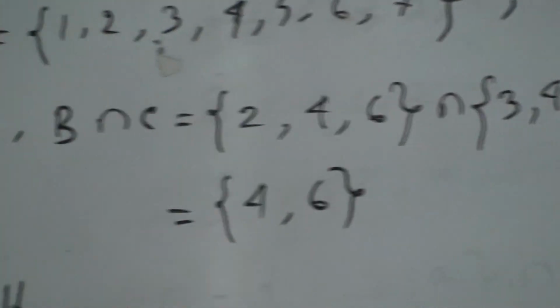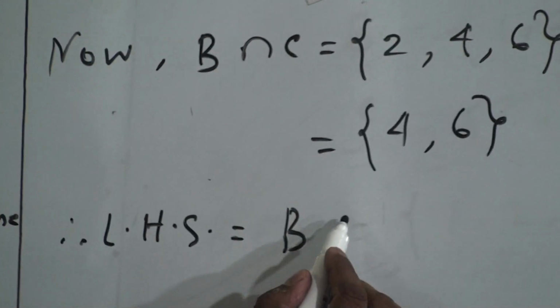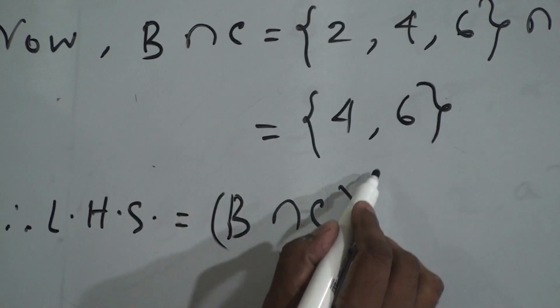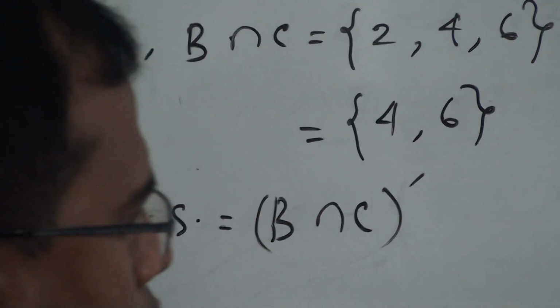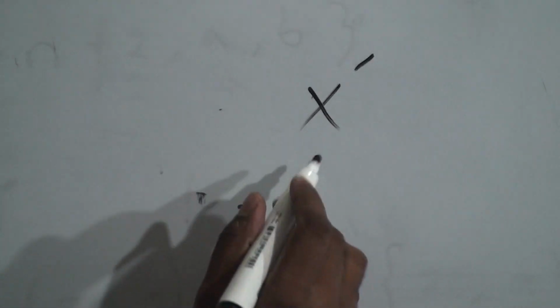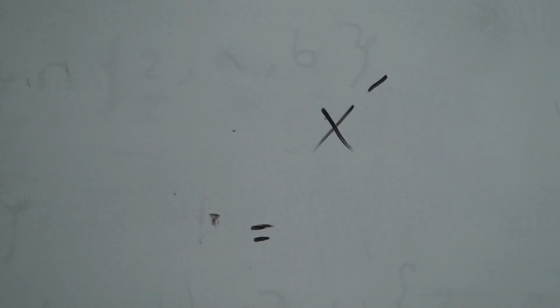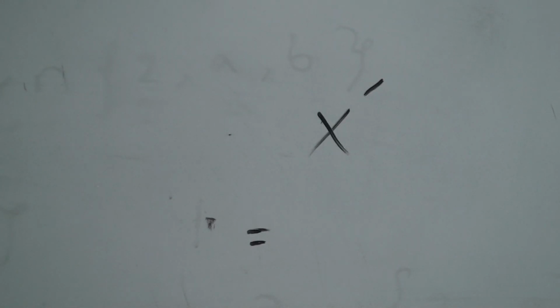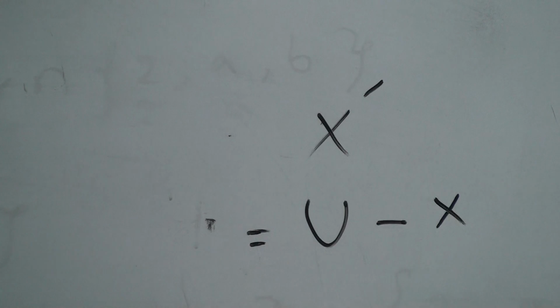Now we can find out the value of left hand side. Therefore left hand side is equal to B intersection C whole prime. This is equal to, dear students, you have to know that x prime equal to what? We'll say it is the complement of x. Complement of x means we have to subtract the set x from its universal set. That means x prime equal to U minus x.